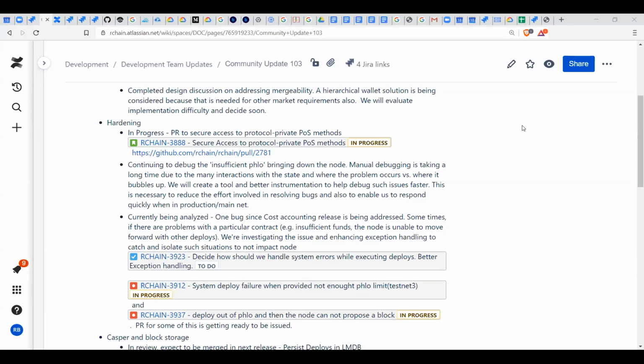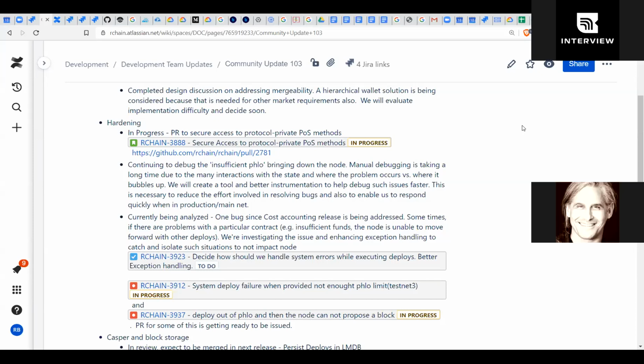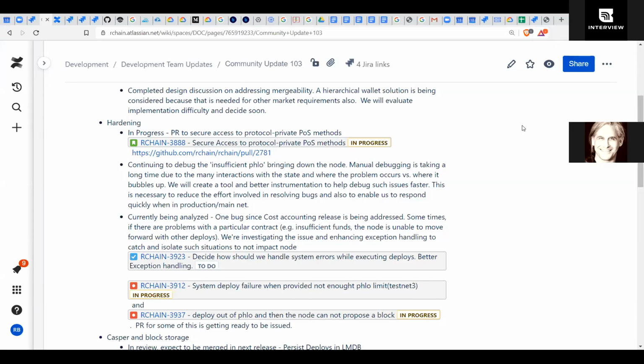Right, and we really, really hope that RChain would be used in ways that we didn't expect, and we just need there to be people who are using RChain in ways that we didn't anticipate, and find vulnerabilities this way.